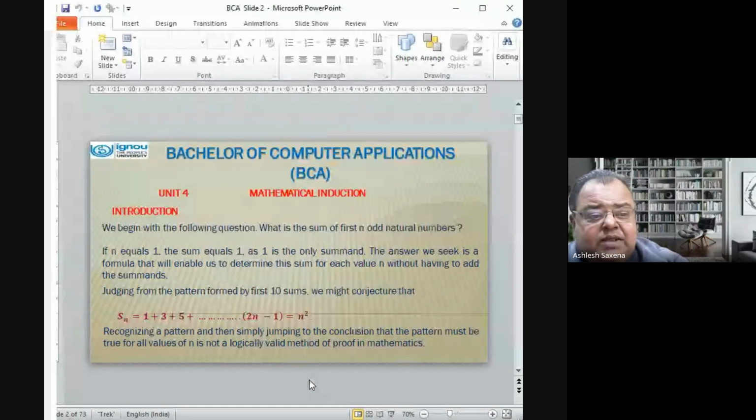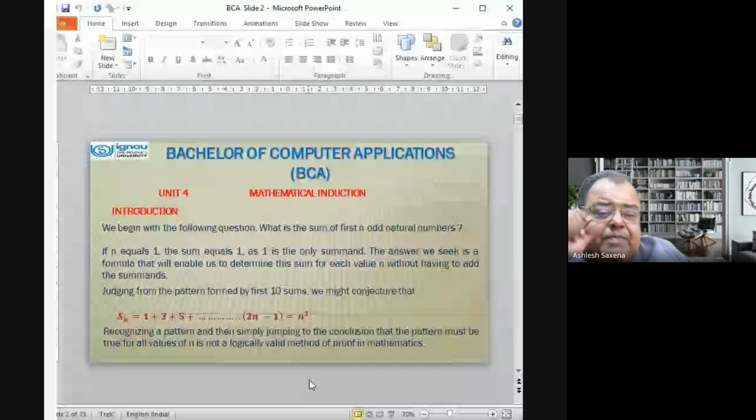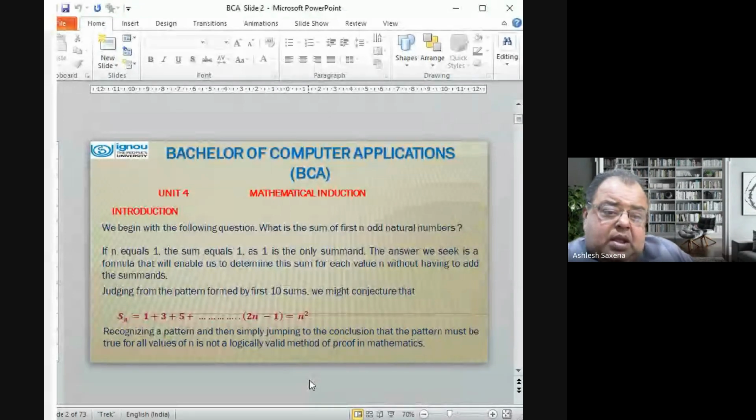Now, if you see that, we take up my first 10 sums. Here we can see that 1, 3, 5 are odd numbers. Normally, an odd number is written as 2n minus 1.